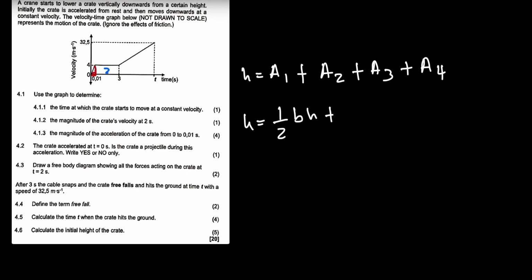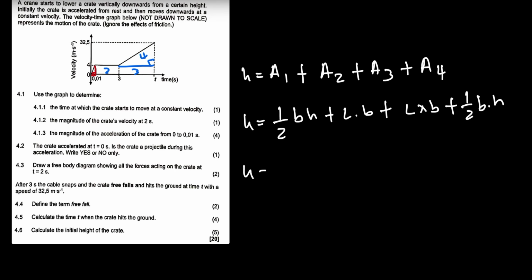So we can just say area number 2 will be length multiplied by breadth plus area number 3. Area number 3 we also said, okay, this is just going to be the rectangle there. So area number 3 should also be length times breadth. But area number 4 is going to be this triangle here. So that should be what? That should be 1/2 breadth by height.